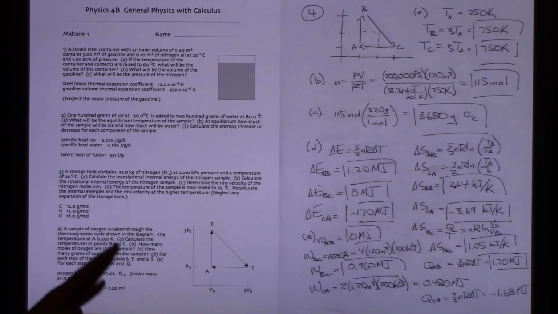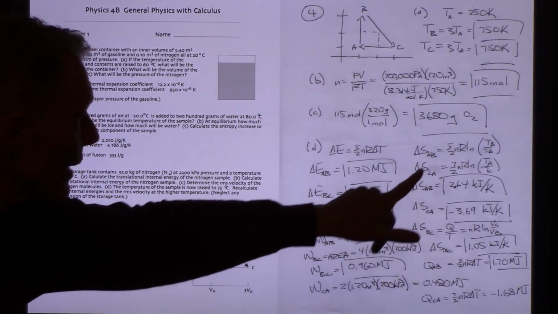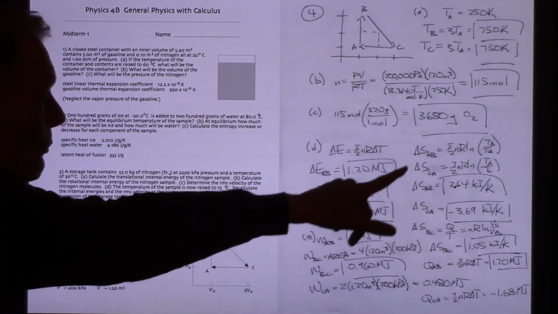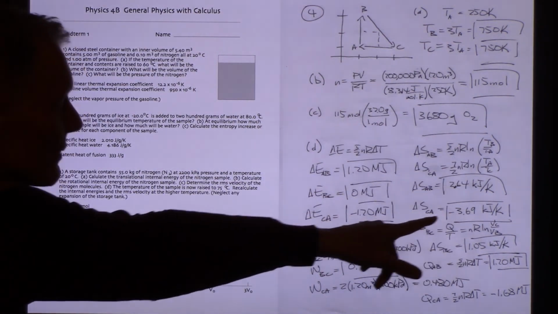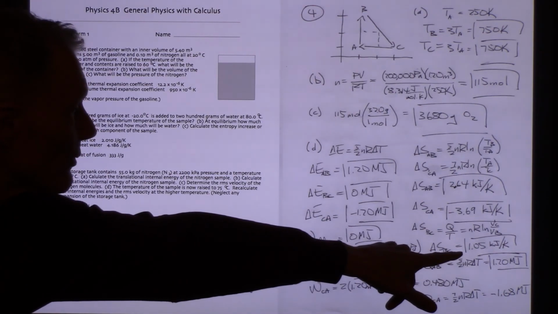So the first thing we could do is just say it's got to be whatever makes sure that the entropies all add up to be 0. Whatever it takes to get the entropies to add up to 0, that's what I'm going to put in, 1.05.